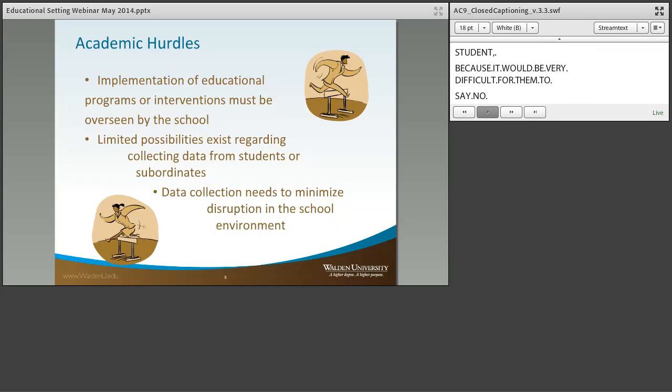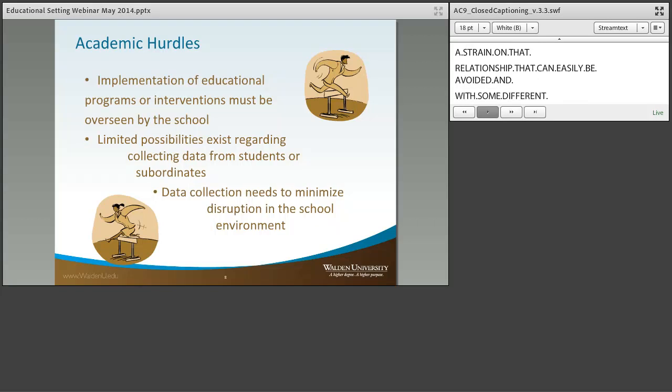And the same thing goes for principals asking their teachers in their school to do a focus group to find out what they think about a new program that the principal implemented. It puts a strain on that relationship that can easily be avoided with some creative options sometimes.